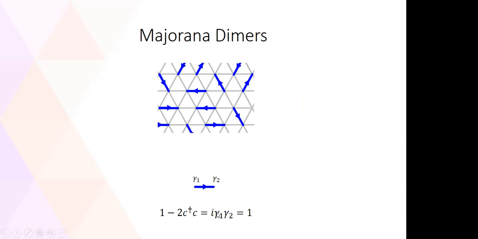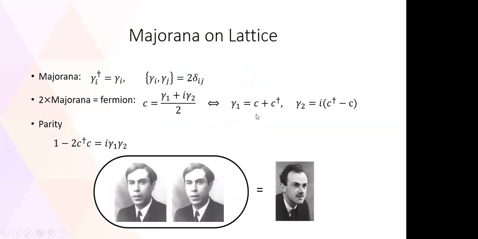So choosing which one is first in this operator can be thought of as choosing which one of them is the real part of the fermionic degree of freedom and which is the imaginary part. If we go back to this equation here, gamma 1 is the real part of c and gamma 2 is the imaginary part.